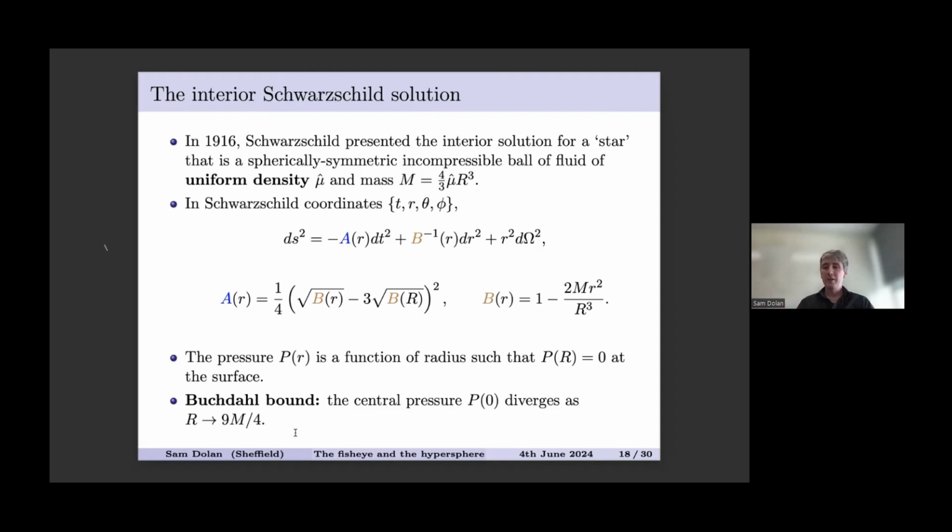So we can interpret that as a singularity developing in the solution. Okay, so that's the interior Schwarzschild solution as typically presented, but there's a more geometrical way to think about it that I would argue has been underappreciated for a century.